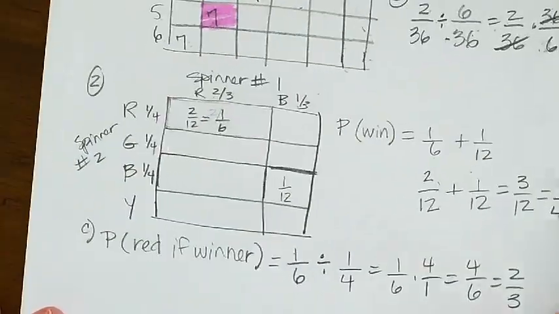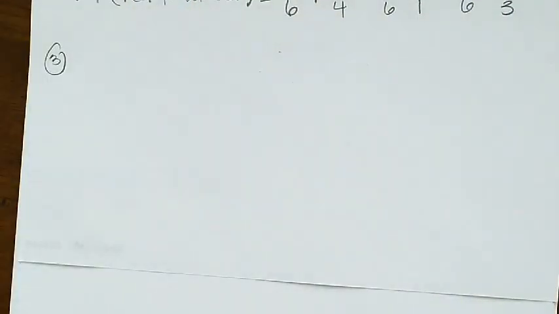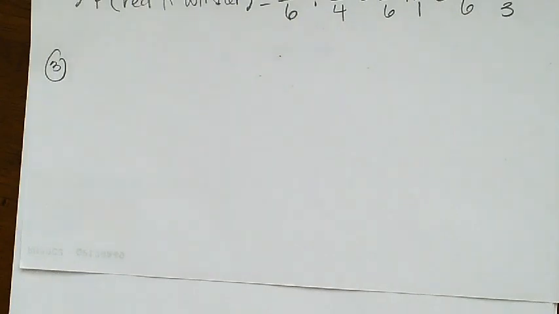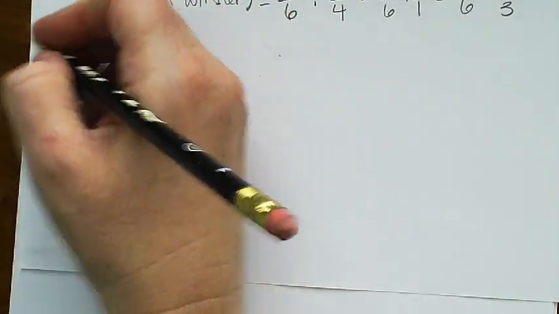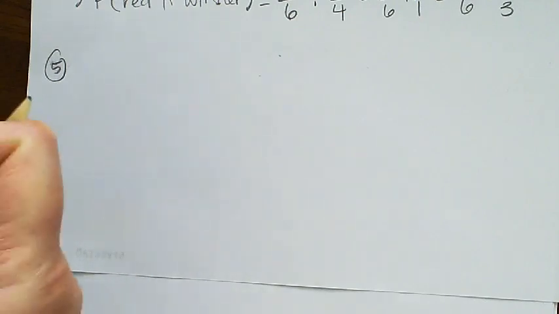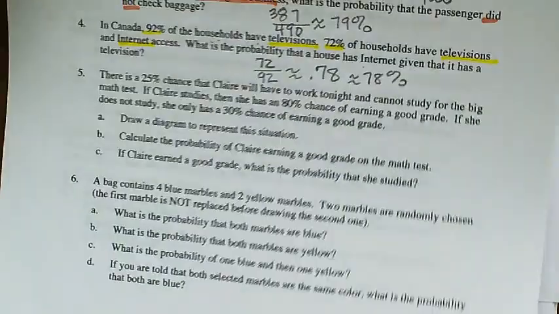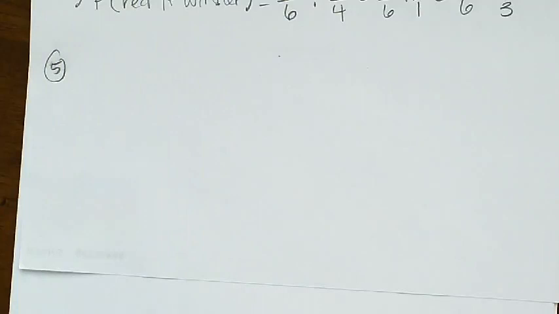So let's make an area model for part A. This is number 5. Okay, so 25% chance she's going to have to work and cannot study. So let's start with that.